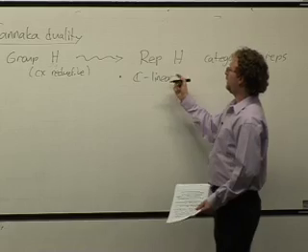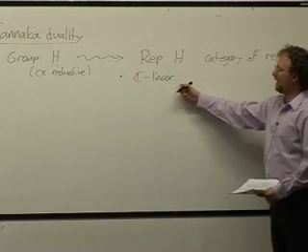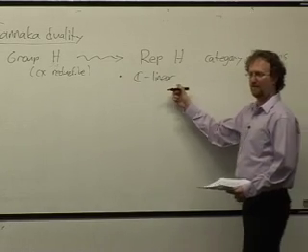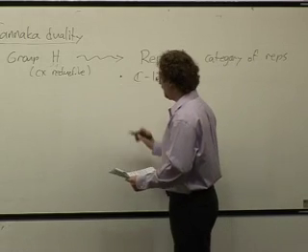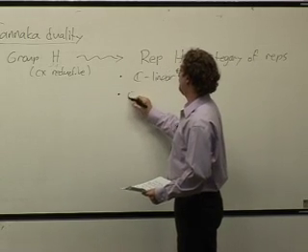So what kind of thing is Rep H? It's a complex linear category. Maps between representations are complex. It's a tensor category.